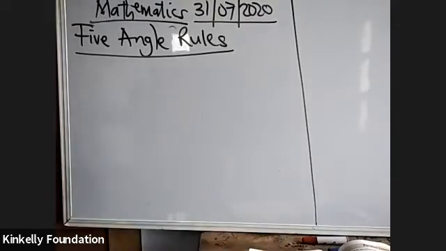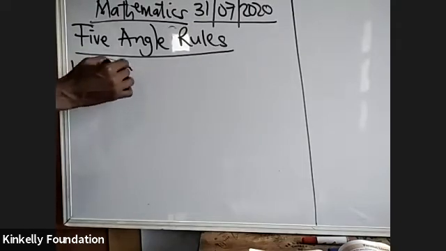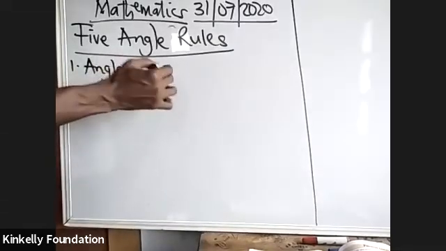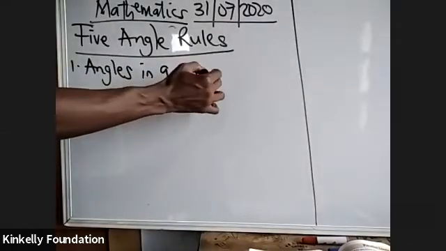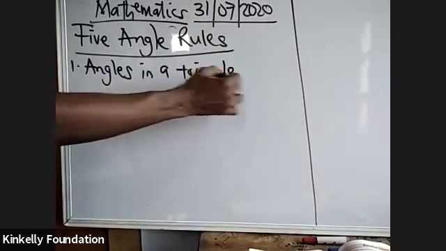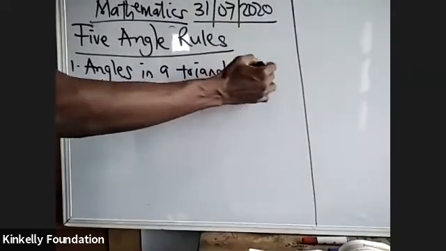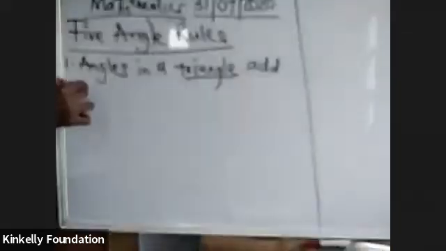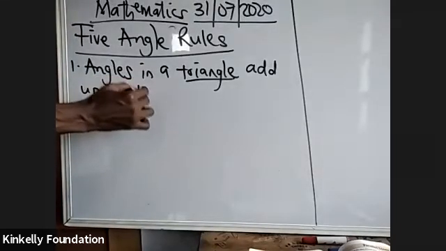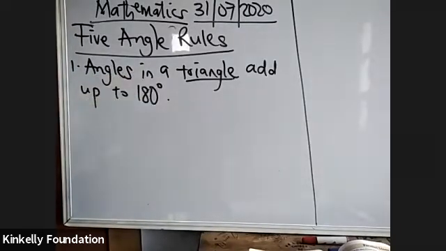Now, one of those rules is this, that the angles in a triangle add up to 180 degrees.